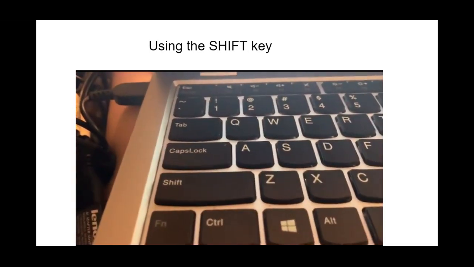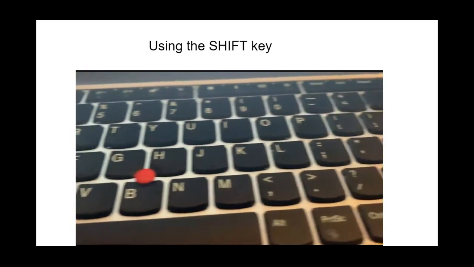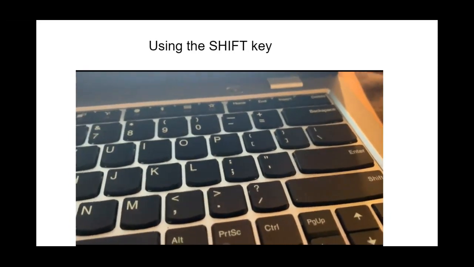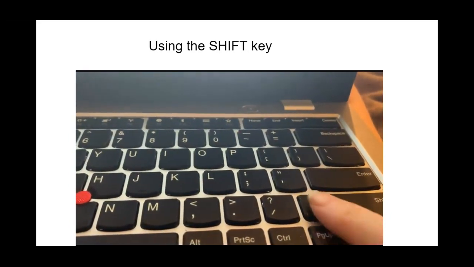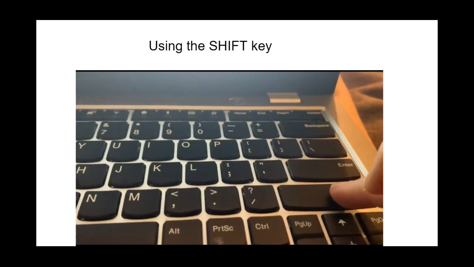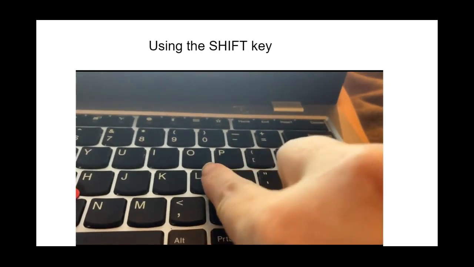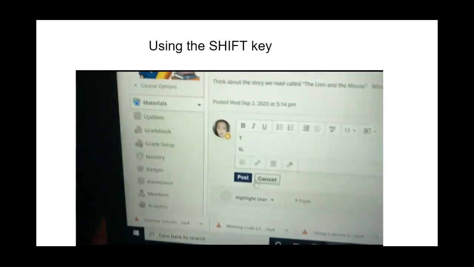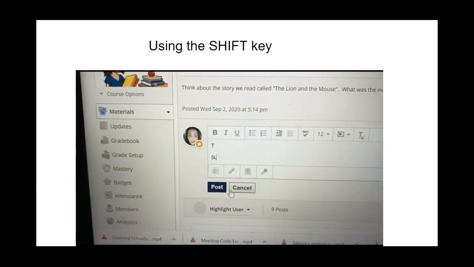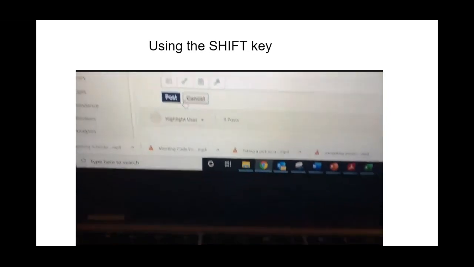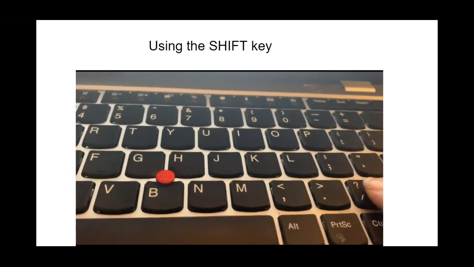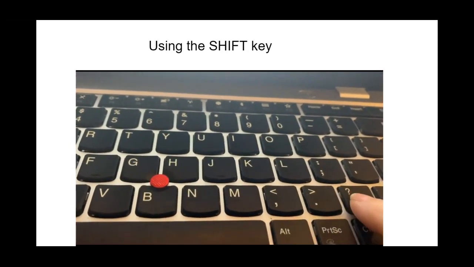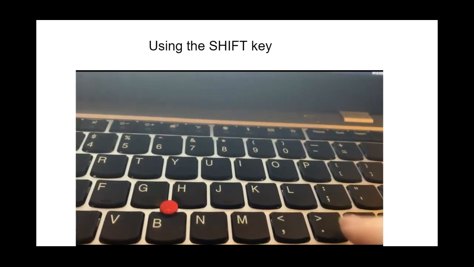There is a Shift key on the left side and on the right side. So if I want to make a capital L, push the Shift key and the L at the same time, and it makes an L. You also use the Shift key if you want to use any of these characters that are at the top of each button.